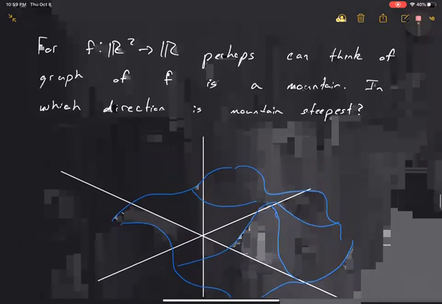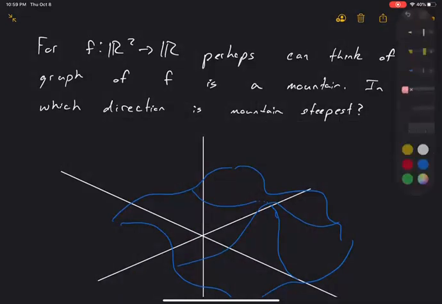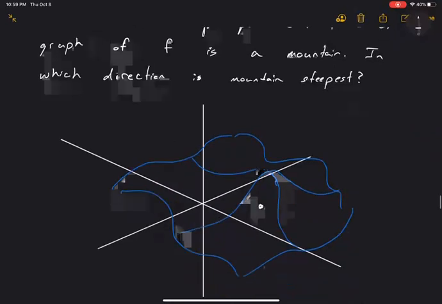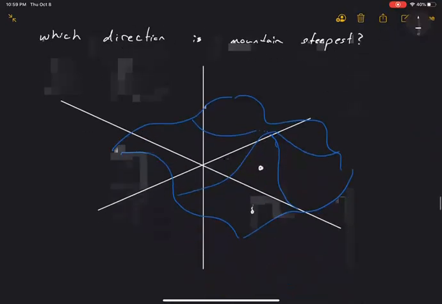In this particular case, it kind of looks like a mountain. So we might be asking ourselves, if I'm at this point A, B in my domain, and I take my function f of A, B, and that puts me here on my graph.